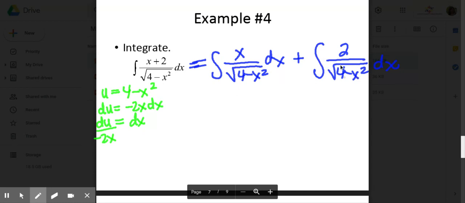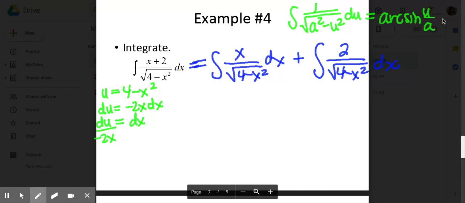And then over here on this one, if I'm thinking who this is going to be, because it's a squared minus the u squared, I'm thinking that this is an arc sine. So the rule for arc sine is 1 over the square root of a squared minus u squared du equals, now remember the arc sine doesn't have the fraction in front of it, so that's just arc sine u over a plus c.